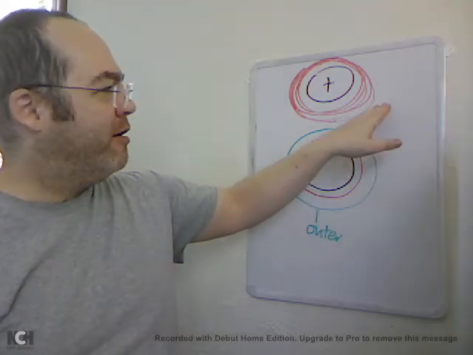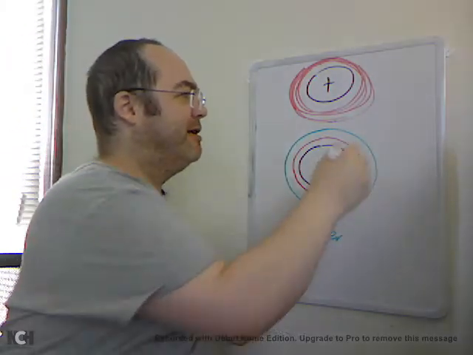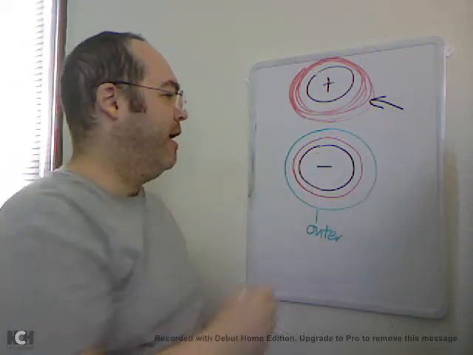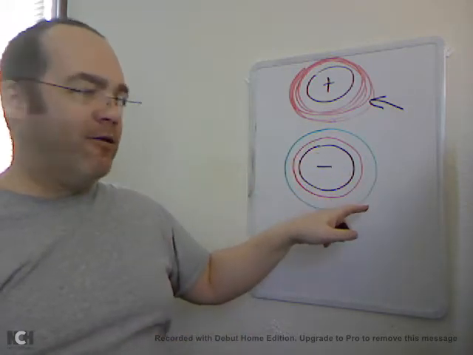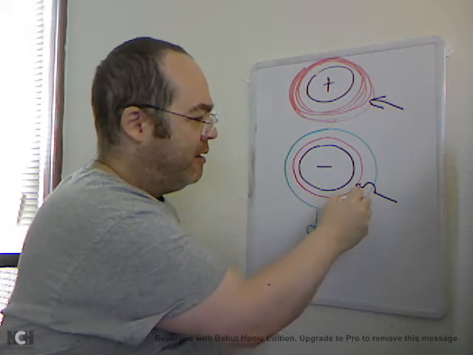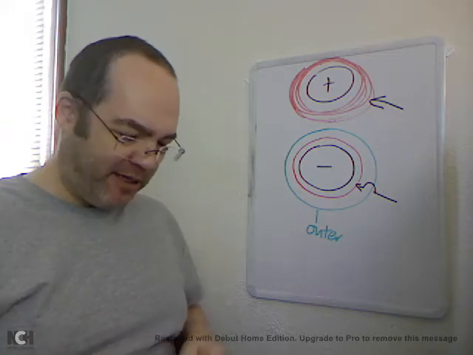So if we are attacking peptidoglycan on gram-positives, it's very easy. If we're attacking peptidoglycan on gram-negatives, we have to get our drug across the outer membrane, and then we can start attacking the peptidoglycan.